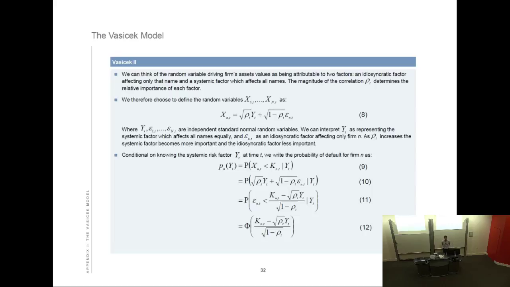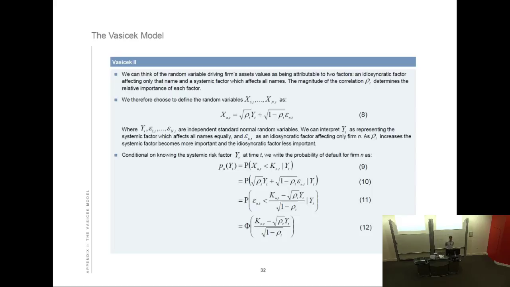And so what can you tell here already? So why is this correlation, why does it do what we expect it to do? If you imagine that every company defaults when x drops below a certain threshold, and every company shares the same market factor in common, then you can imagine if that market factor is very low, that means all company assets are dropping at the same time, reflecting this correlated nature of default.